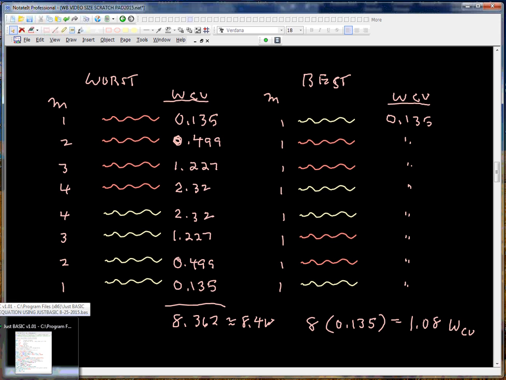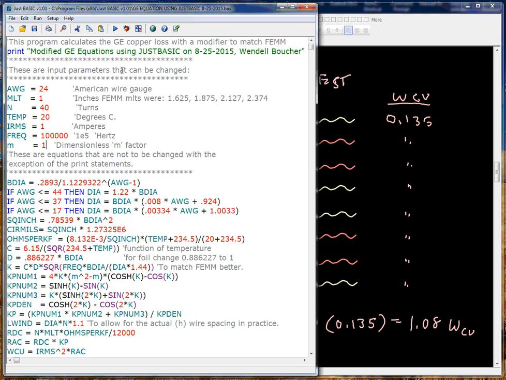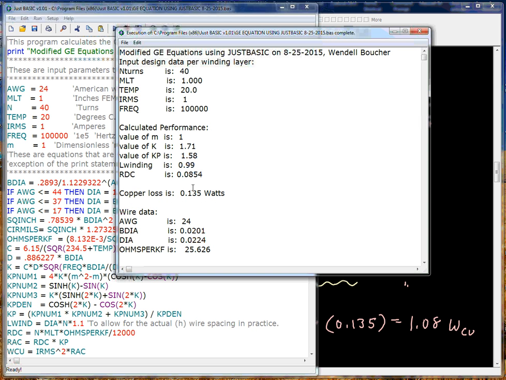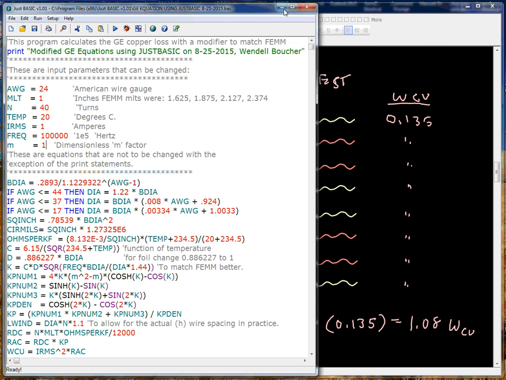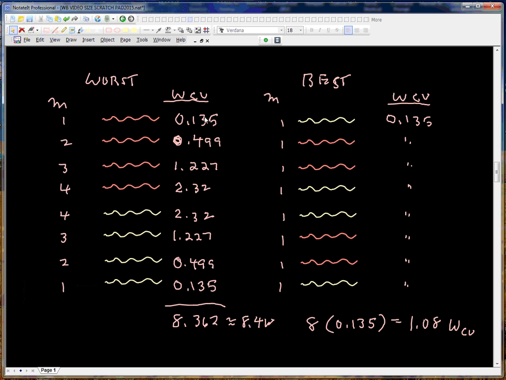Let's say we want to know where M is 1, what is the dissipation for that layer. We run the program, M is 1, click right here, and here's the solution, 0.135 watts. Remember that number? 0.135 watts.